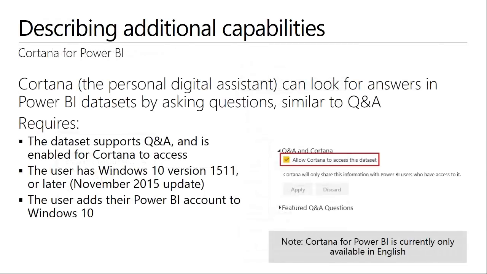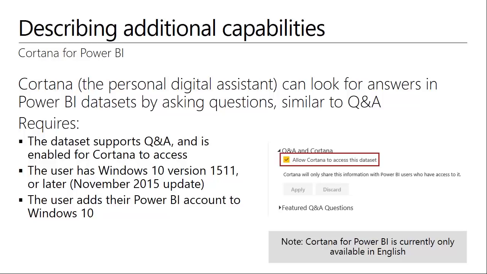Cortana for Power BI, and Cortana of course is the personal digital assistant. It has a role to play in Power BI in that you can use it to look for answers in Power BI datasets by asking questions in a very similar fashion to Q&A. It does require that the dataset supports Q&A and is enabled for Cortana to access.